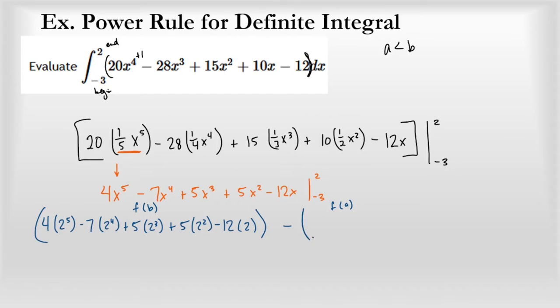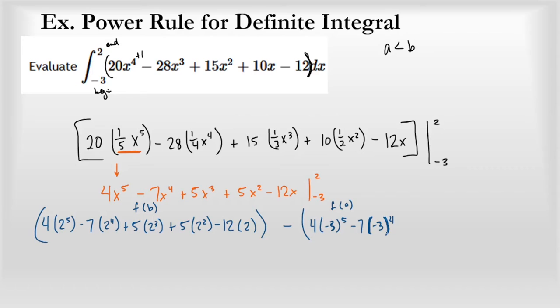So I'm going to put -3 in wherever I see x. 4 times (-3) to the 5th power minus 7 times (-3) to the 4th power. And watch out here, we're taking -3 to the 5th power and -3 to the 4th power, so watch your sign. You're going to want order of operations.